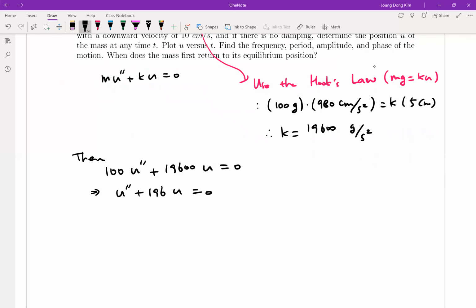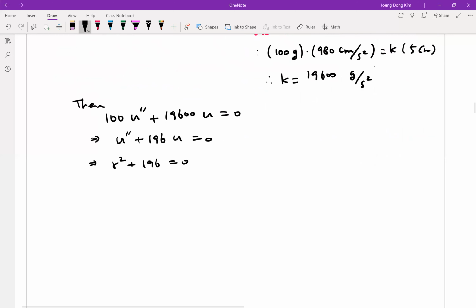Then the characteristic equation is r squared plus 196 equals 0, and minus 196 on both sides, so r squared is minus 196. We take the square root on both sides, with a plus and minus sign, and r is plus or minus 14i, where i is the square root of minus 1.